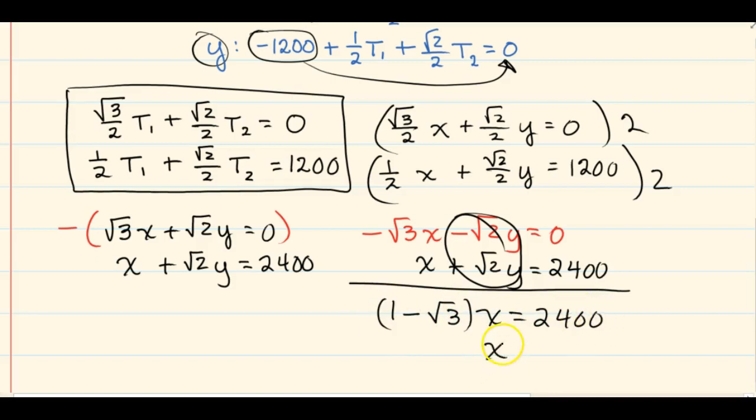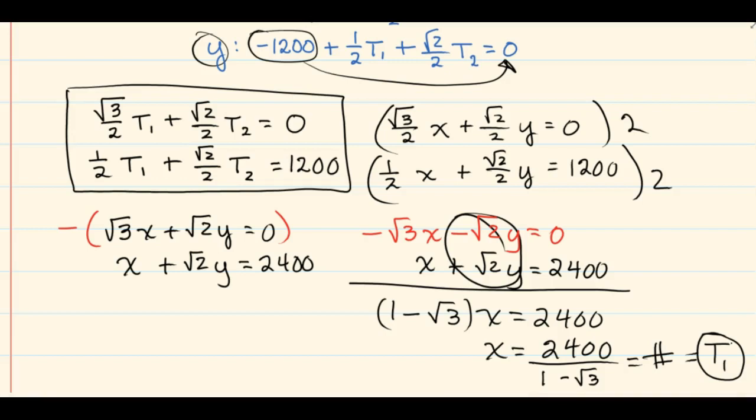And now I can actually solve and get a number for x, which is 2,400 divided by 1 minus the square root of 3. So this will give me some number. Remember, that is the same thing as tension 1. So that will give me how much tension is on that first cable. Likewise, once you find that number, plug it into one of these original equations and you should be able to find T2. And that concludes this video.